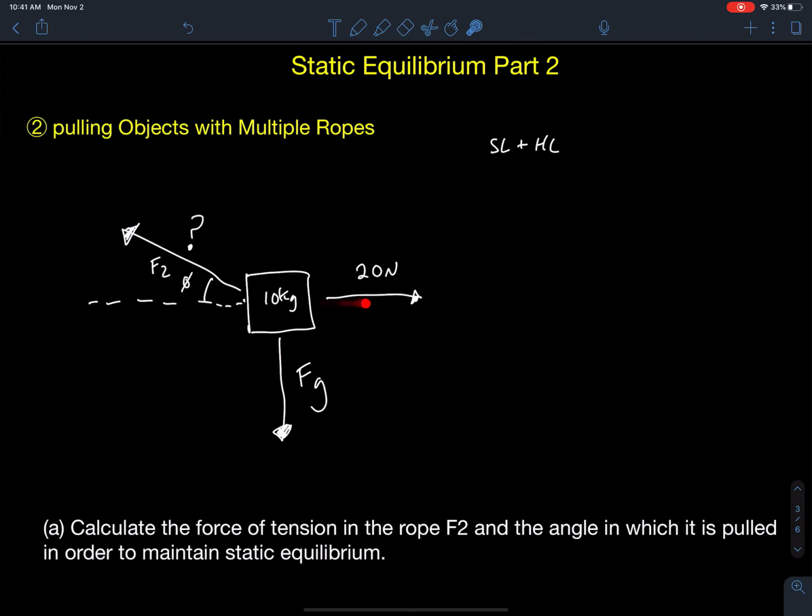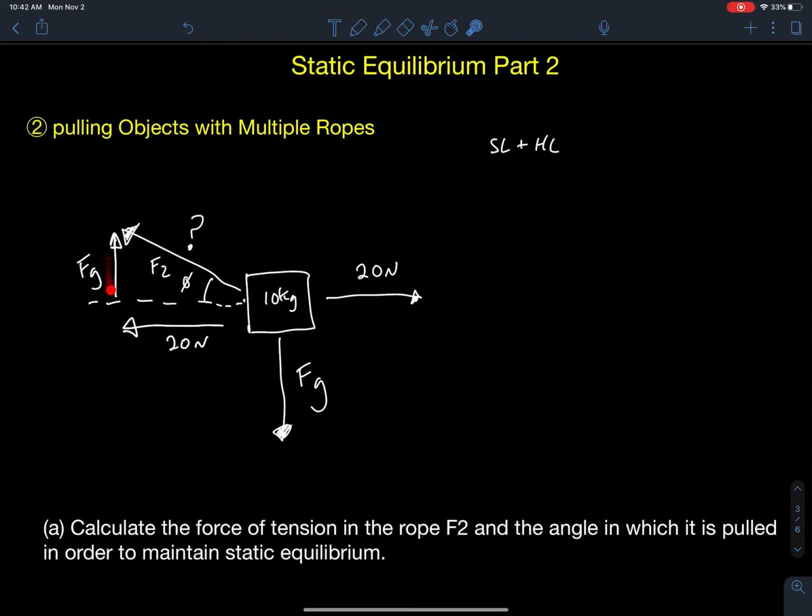So in order for it to not be moving horizontally, it's being pulled by 20 newtons in that direction, which means that this object has to be pulled by 20 newtons in the opposite direction in order to maintain that equilibrium. Likewise, in the y direction, this object's being pulled down by gravity, which means that that rope has to be pulling up with equal and opposite strength, the force of gravity.